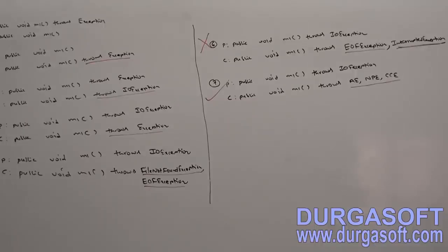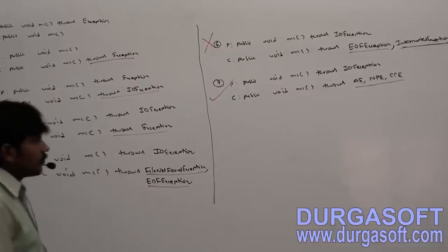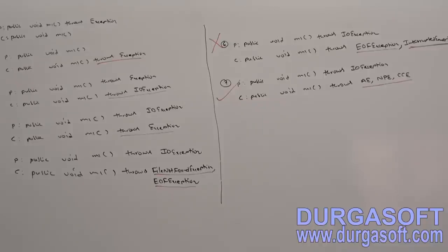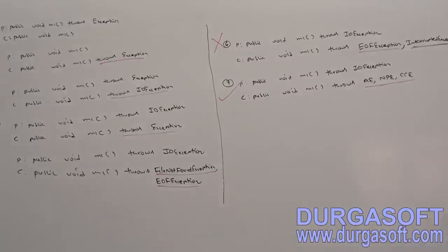Public void M1 throws IOException. Public void M1 throws ArithmeticException, NullPointerException, ClassCastException. Completed, right?